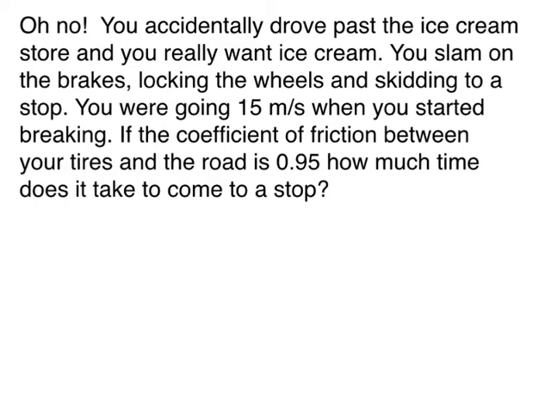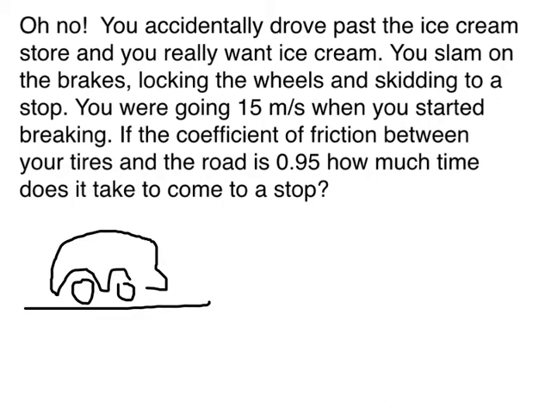So I'm going to begin by visualizing the problem. Here's a road, and here's my version of a car. And if I draw a boundary around the car, any place where there's a contact, there's going to be forces.